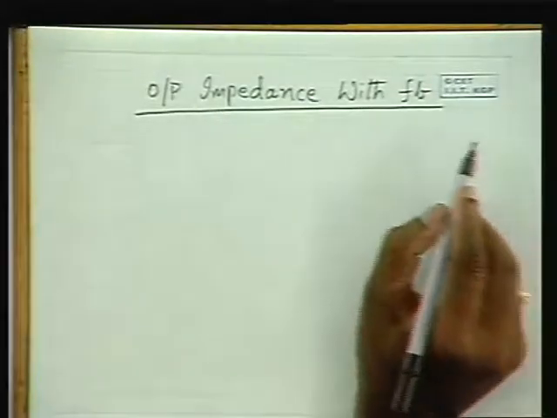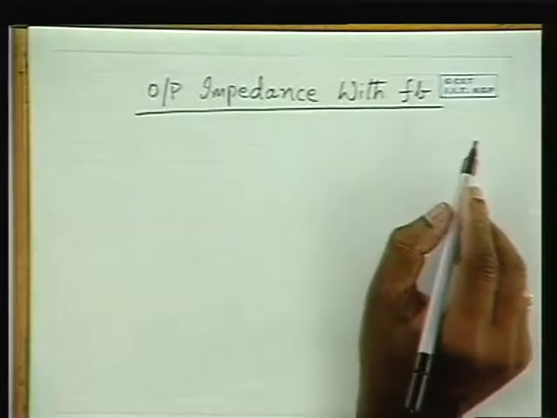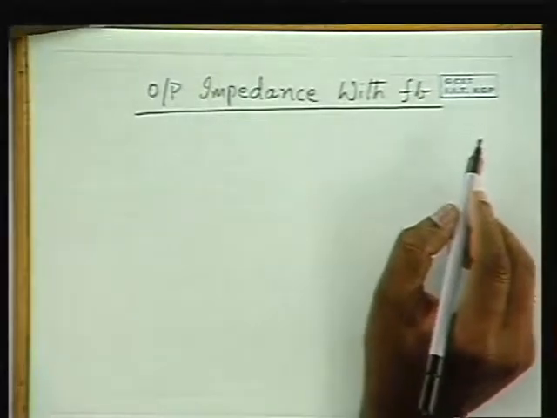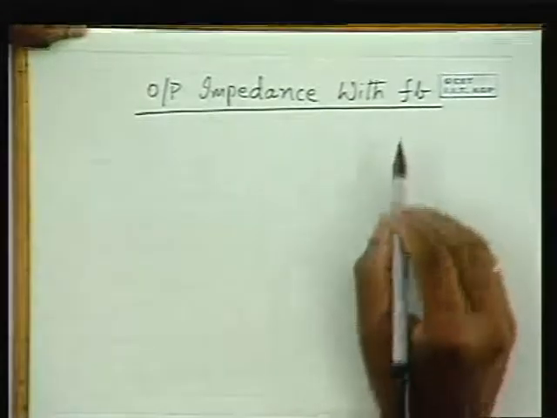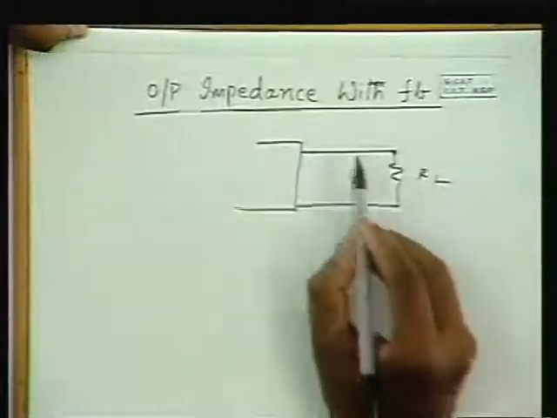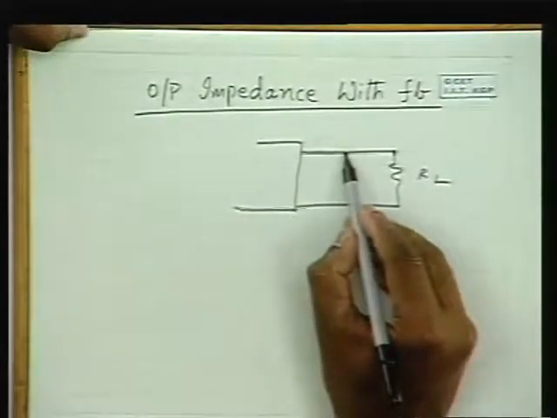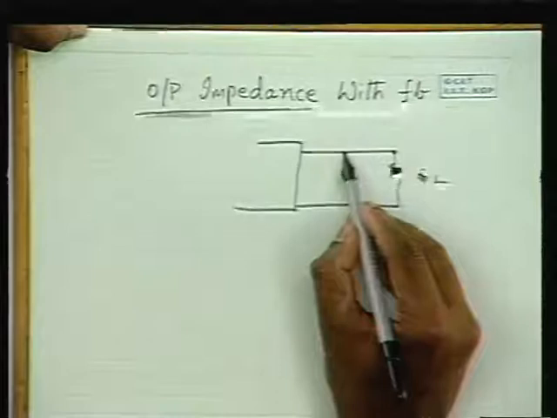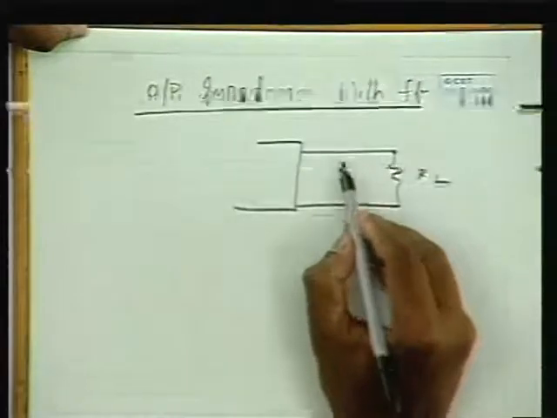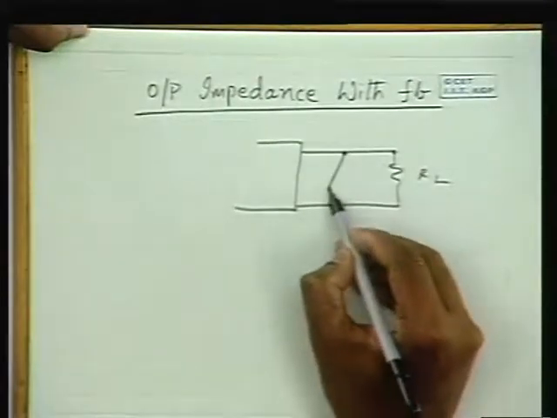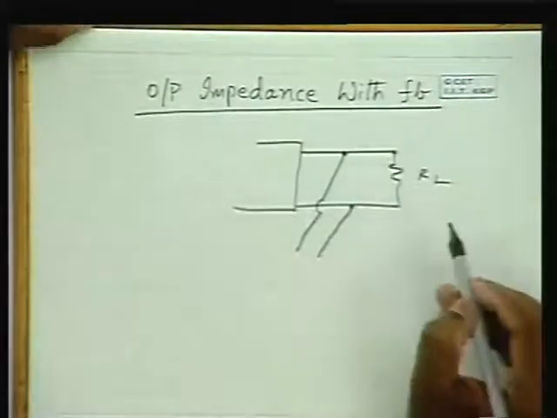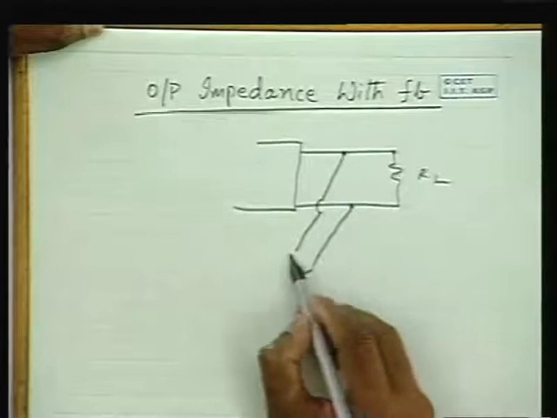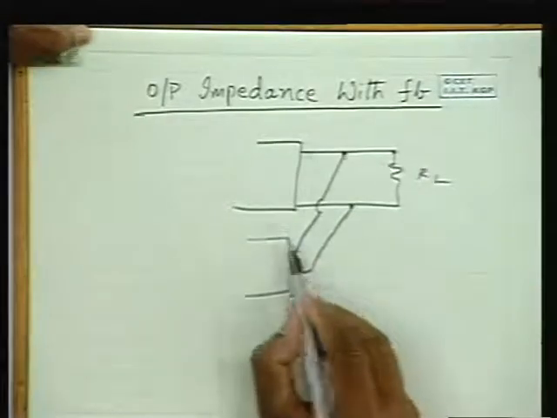The effect of feedback on output impedance. We have two different connections on the output side. So this is the amplifier. In shunt feedback, in voltage feedback, we tap the output voltage like this, and we feed it through the feedback network.